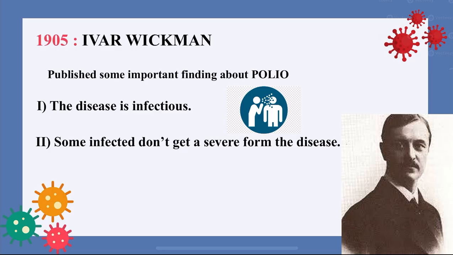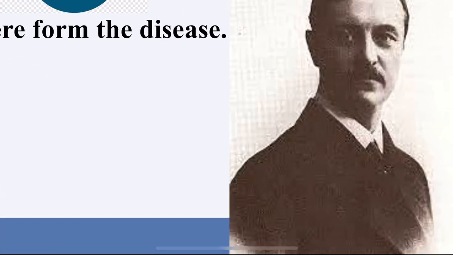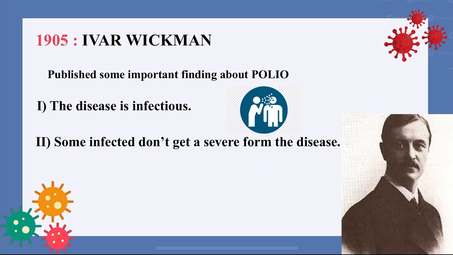Moving further, in 1905, Ivar Wickman. So we have a picture of Ivar Wickman here. In 1905, Ivar Wickman published his doctoral thesis on poliomyelitis, that is Poliomyelitis acuta in German. What did he speak about?